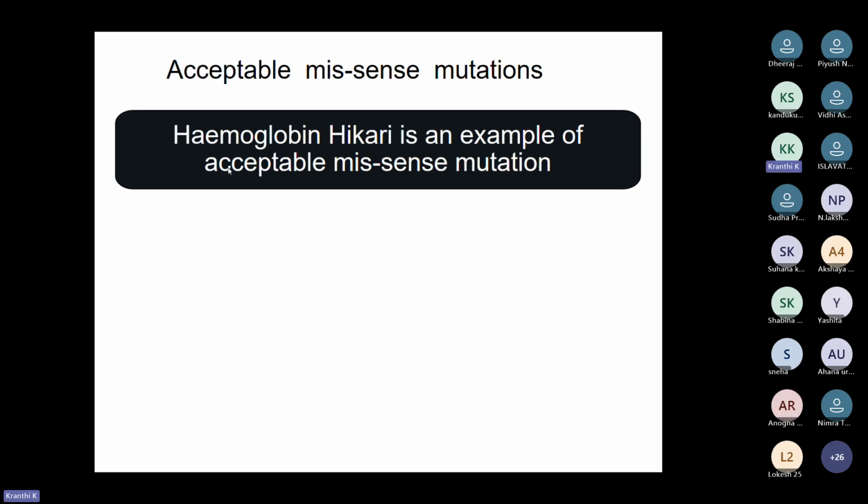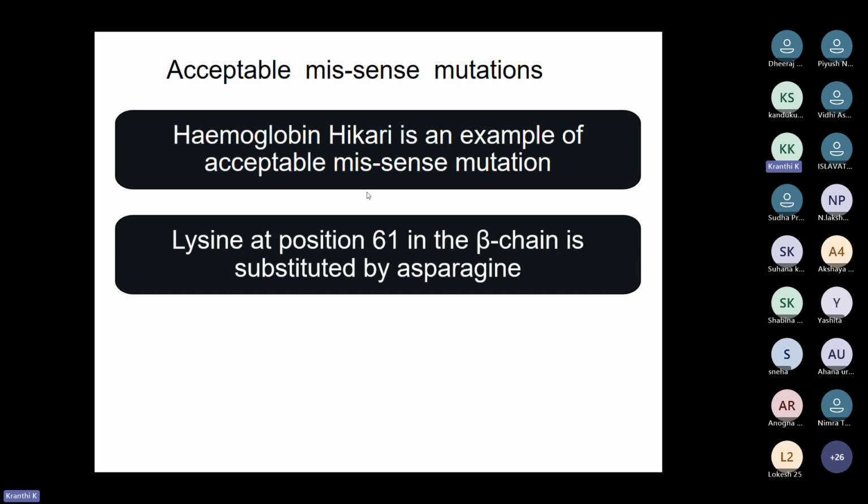Hemoglobin Hikari is an example of acceptable missense mutation because lysine at position 61 in the beta chain is substituted by asparagine. Okay, in the hemoglobin structure, at position 61 usually lysine should be there, in that beta chain. But when the lysine is replaced by asparagine, nothing will happen.